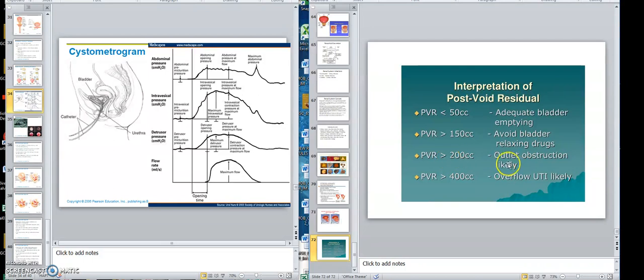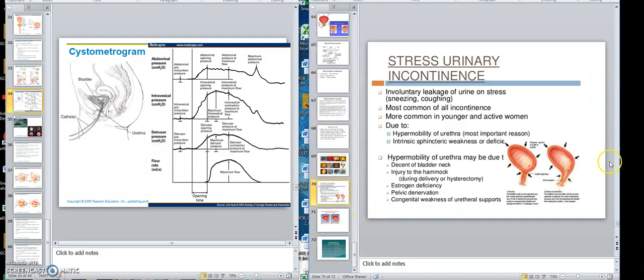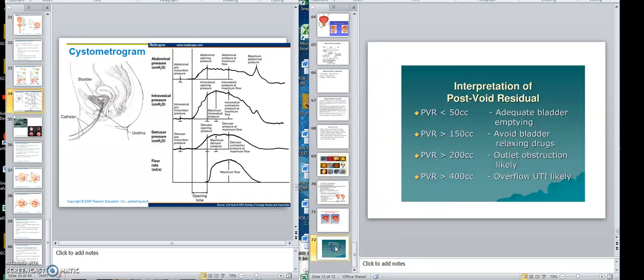Now, if it's greater than 200, then we're definitely looking at outlet obstruction, which could be this here, or it could be something in the female that's obstructing this right here. For example, sometimes while females are pregnant, the baby's head will press down, and so it can do that. So there are many reasons for this. But that's what we call the post-void residual.